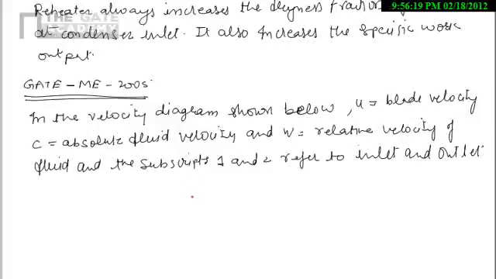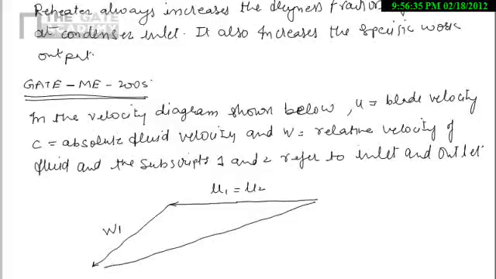So I am just drawing the diagram here. This one is u1 equals u2. Here we have w1. This one is c1. Similarly, we have c2, the absolute velocity, and the relative velocity, that is w2.